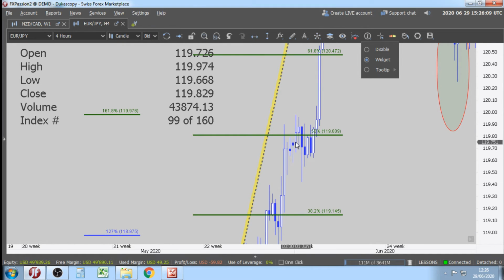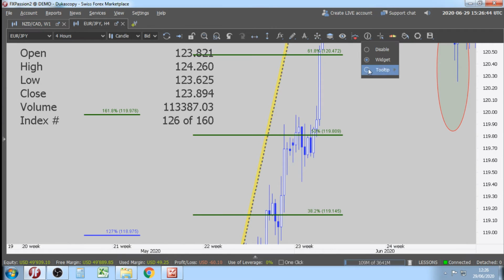And this high was at 119.974. Can you see time to shine? The high is 119.974 and the extension is 119.976. But you're correct, time to shine. Everybody, if you have doubt, just zoom in the chart and check the numbers.